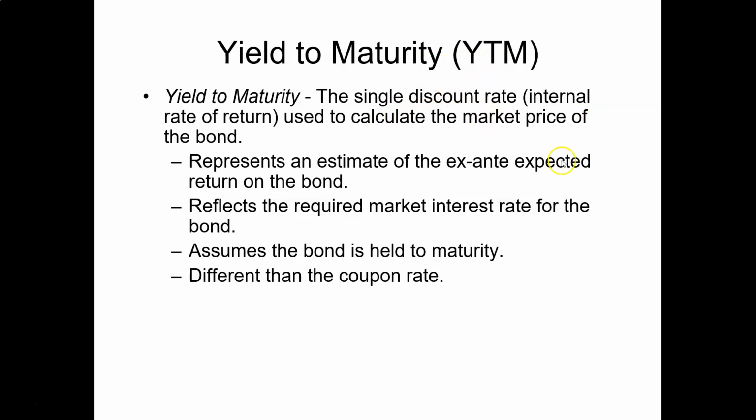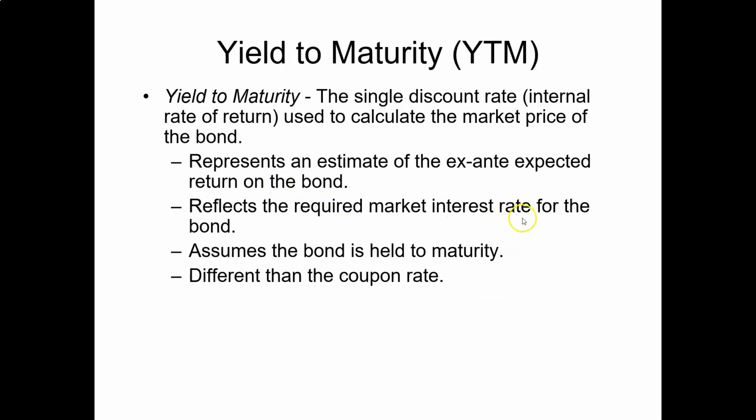Given the market price of the bond, we want to back out the discount rate to meet the level of market price. We say it is the required discount rate. And if given the market price of the bond, we can find the required discount rate. We say the required discount rate as the yield to maturity. Yield to maturity in a bond represents the estimate of ex-ante expected return on the bond.